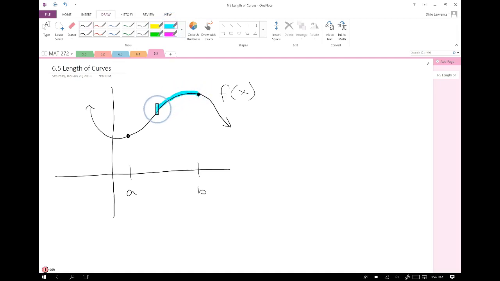So this is not a straight line. We can't just use our algebra distance formula because the algebra distance formula, like I just said, assumes it's going to be a straight line. And a straight line has a constant slope.